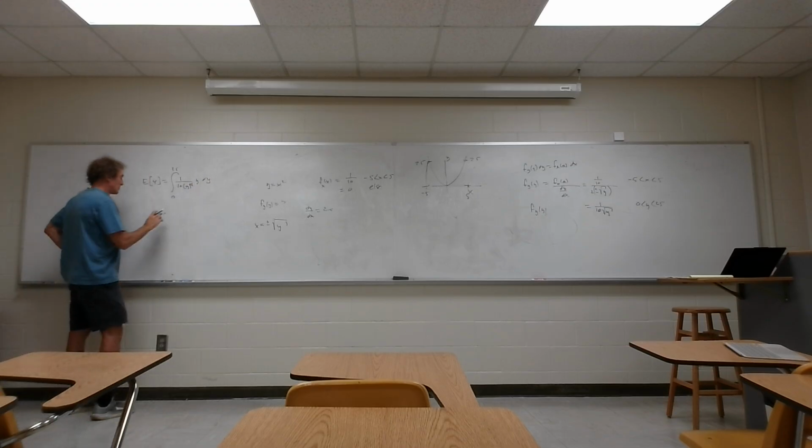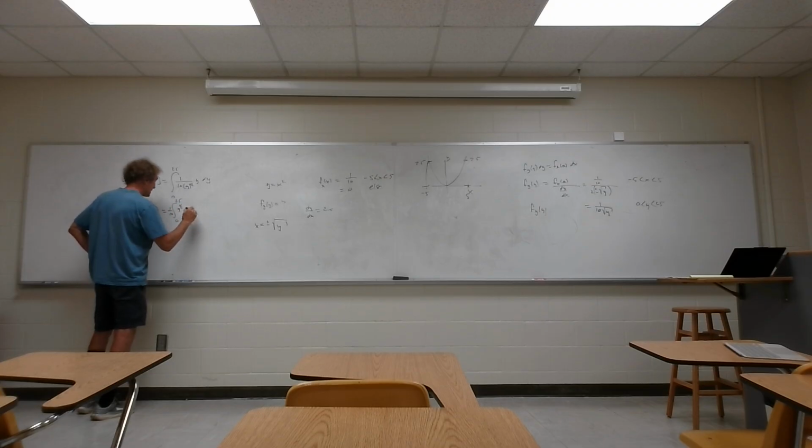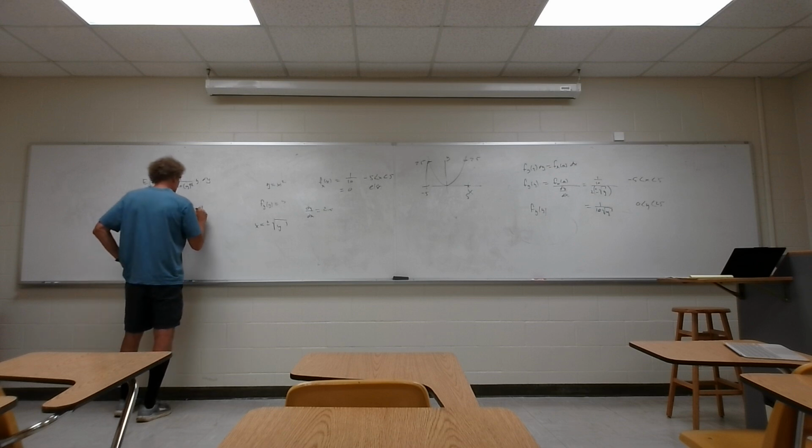And that's a doable one. That would be equal to the integral from 0 to 25, take the 10 out in front, and then you're going to have simply y to the 1/2 dy. It's going to be 1 over 10, and then you're going to get 1 over 1 plus 1/2, or 3/2.